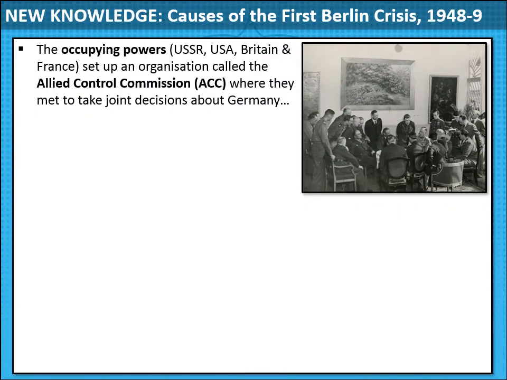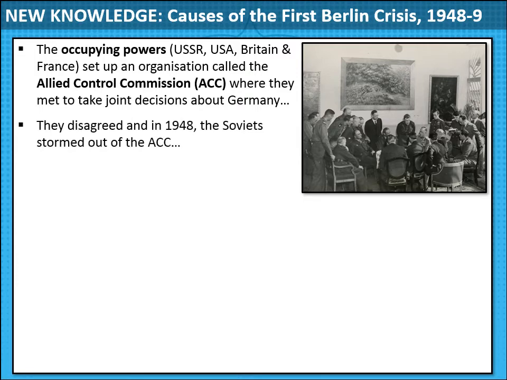Now, after Germany was beaten in World War II, the 4 occupying powers set up an organisation called the Allied Control Commission, or ACC, where they met to take decisions about Germany together. However, cooperation didn't last, and they soon disagreed.